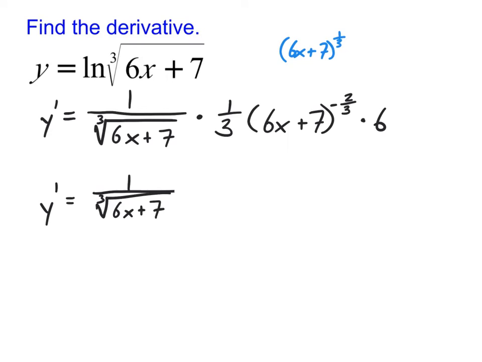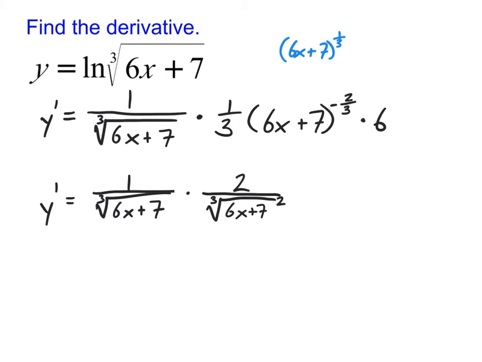All right, then my other one, that is a big old fraction over here, where that negative 2/3 power means that I'm going to have the cube root down here of my 6x plus 7 squared. And then the 1/3 times 6, that would be 2. Not 1 over 2, but 2. So that means there's a 2 on the top. All right.